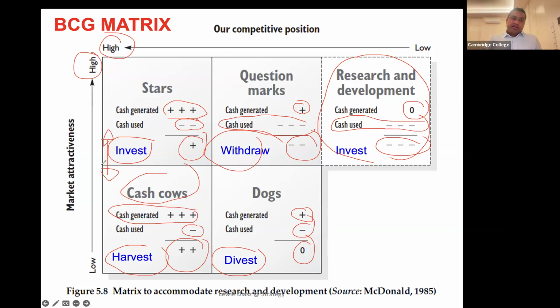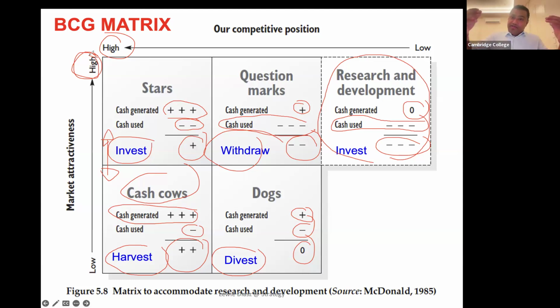But the thing is, stars have high market growth, but you can't always have high market growth. At some point, it will start saturating. Every year, you can't have high market growth. You can have high market share, but every year, you can't have high market growth because the world has only a limited amount of people.